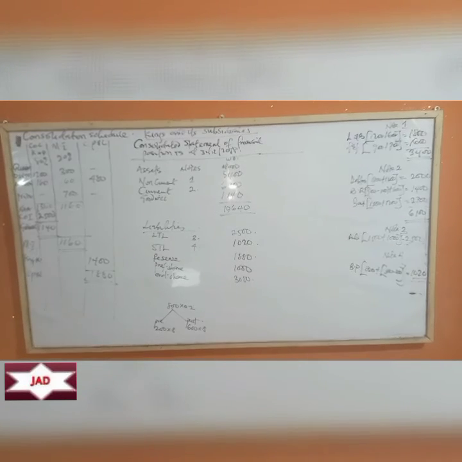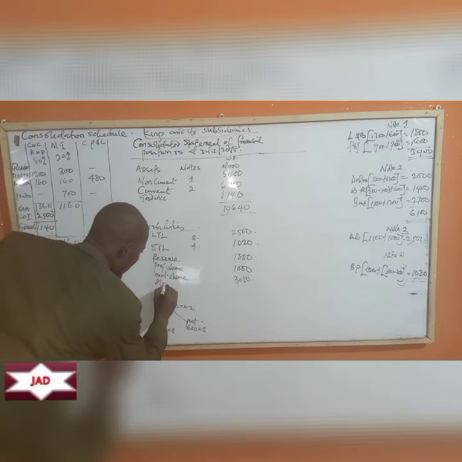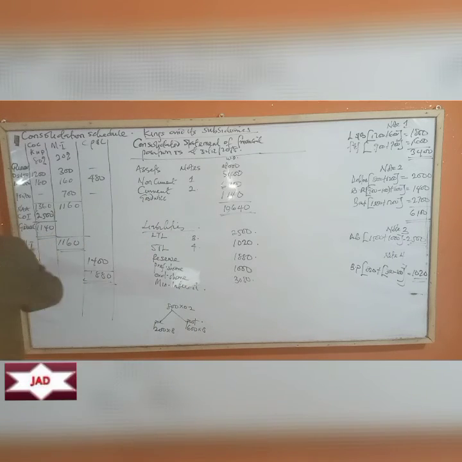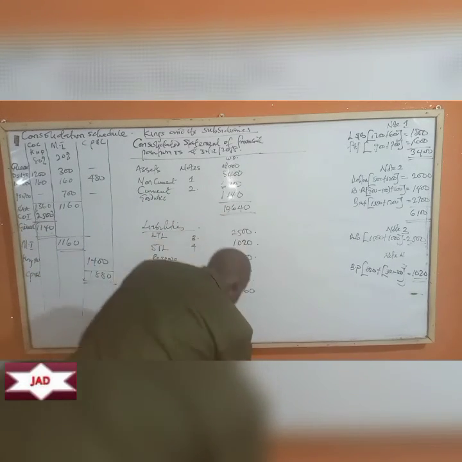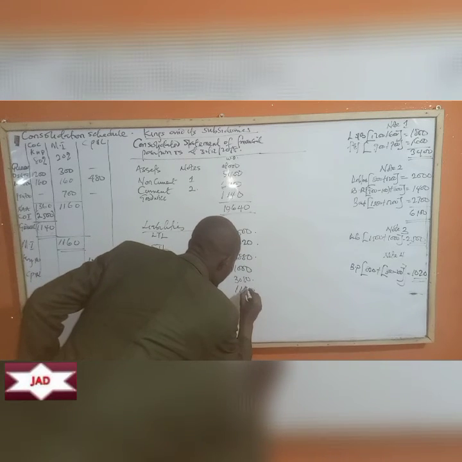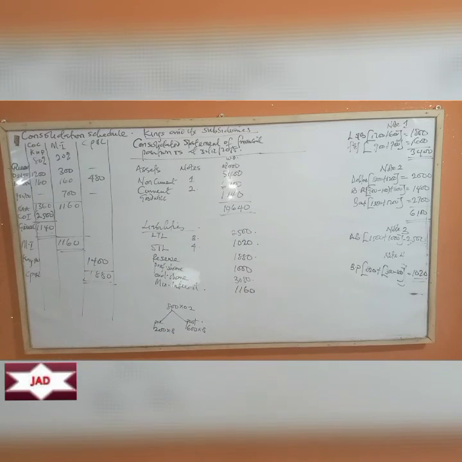Then we have minority interests. What minority interest? 1,160. So you add up 1,160.